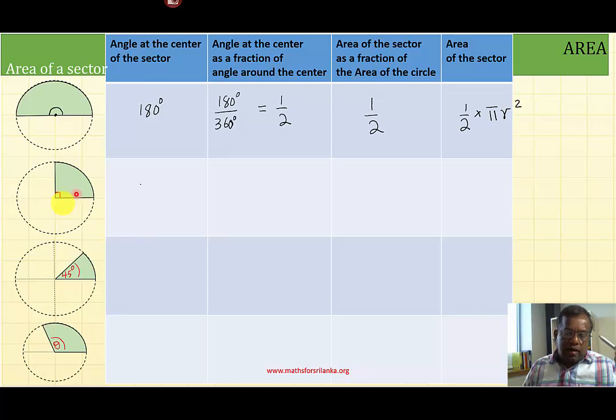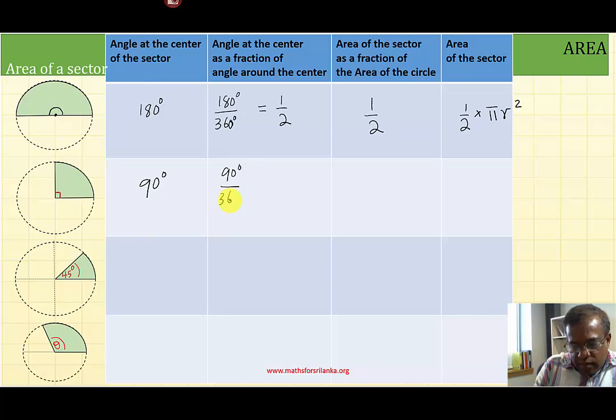So this is a quarter circle, so therefore the angle at the center is 90 degrees. So the angle at the center as a fraction of the angle around the center, 90 over 360, is 1/4.